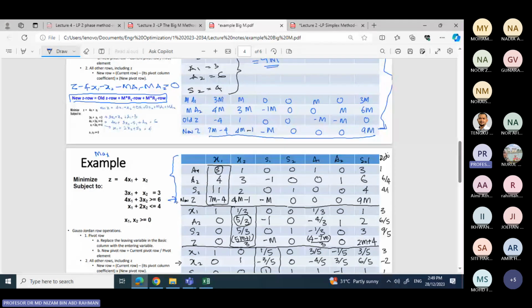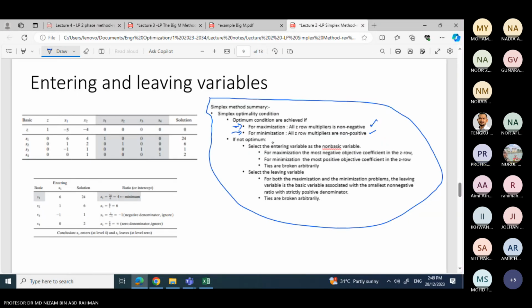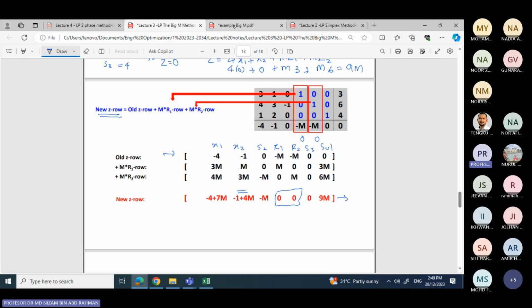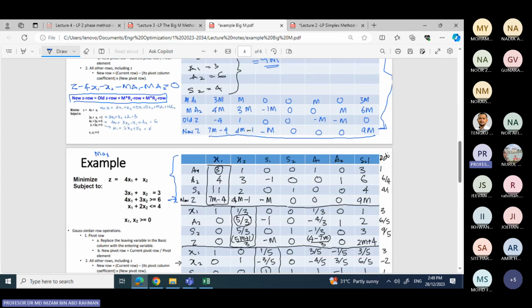So if you look at the multipliers for the z row, remember our condition just now? If it's minimization, all zero row multipliers must be non-positive, meaning zero or negative. But we still have positive multipliers here, right?